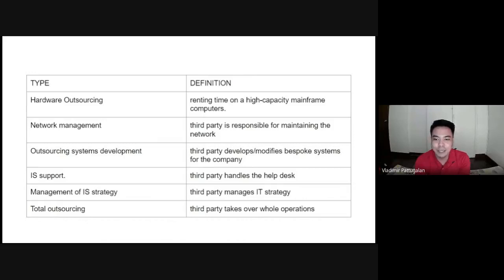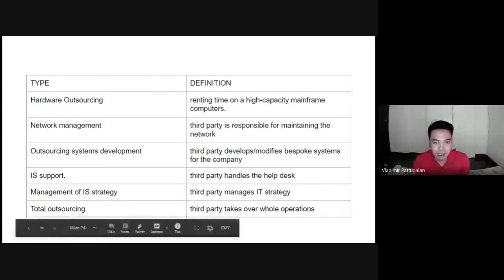But the difference between management of IS strategy and total outsourcing is that with management of IS strategy, the final say will still go to the client firm, whereas with total outsourcing, the outsourcing company will be given like a full control over the function or the unit that was outsourced to them.